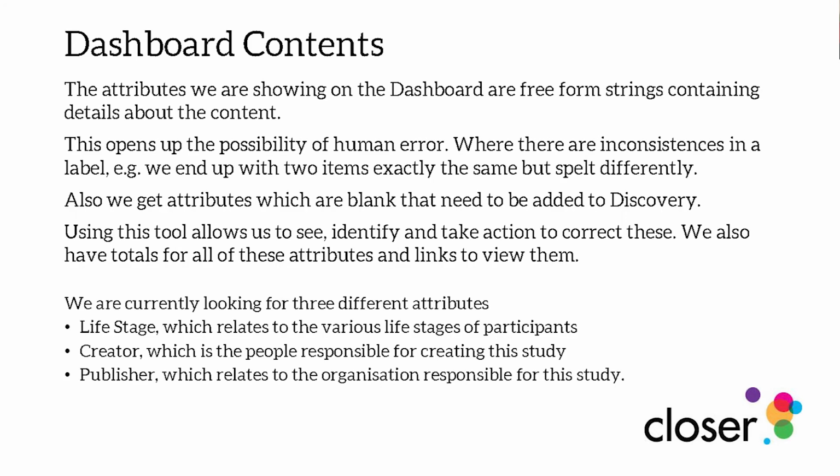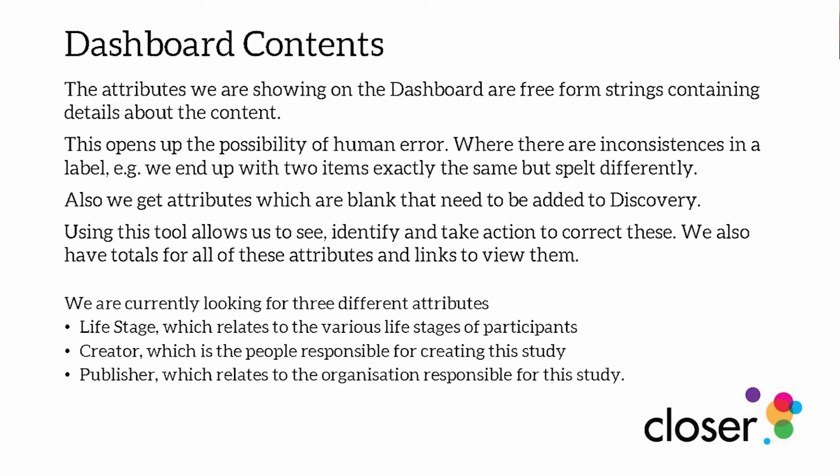The attributes that we are showing on the dashboard are freeform strings containing details about the content. This opens up the possibility of human error. There are inconsistencies in the label, e.g. when we end up with two items exactly the same but spelled differently.